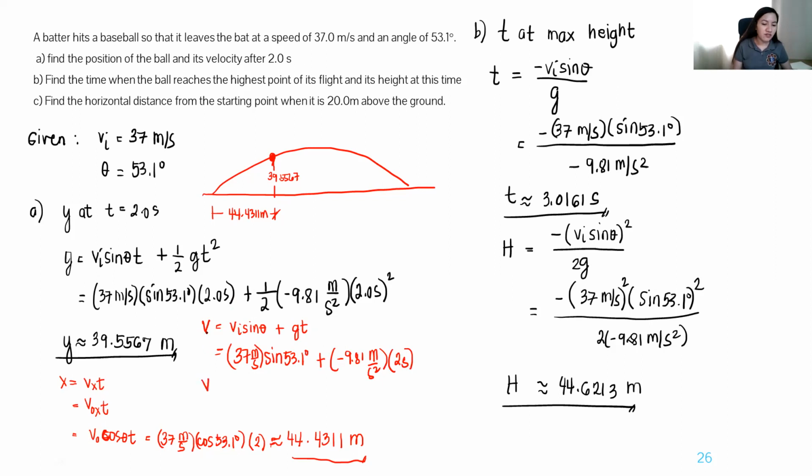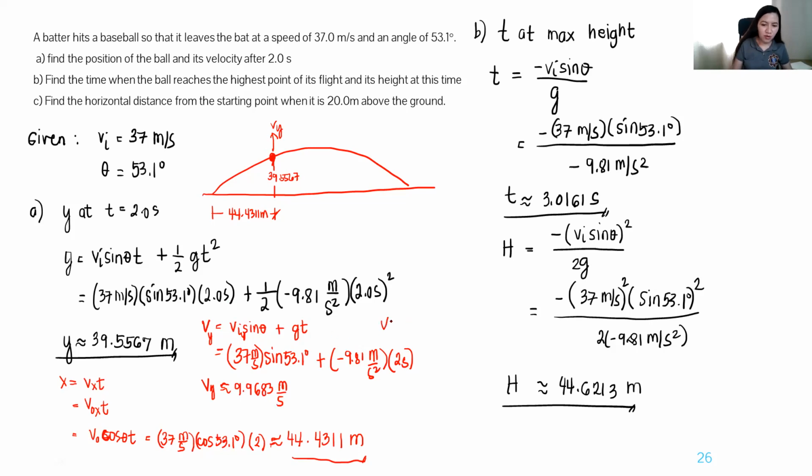So this is again for the vertical. So its vertical component of velocity at this part, vy, is equal to, again we are going to use the calculator. So 37 sine 53.1, so its vertical component is approximately 9.9683 meters per second.